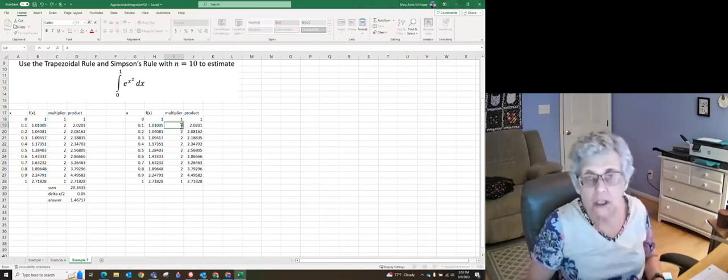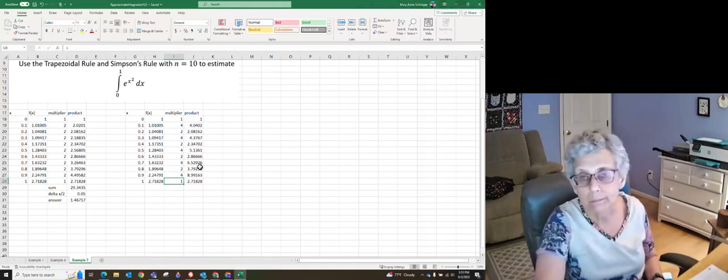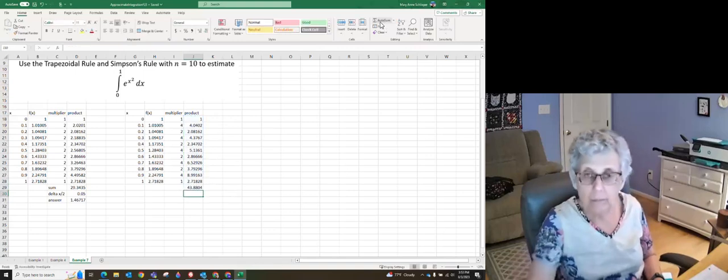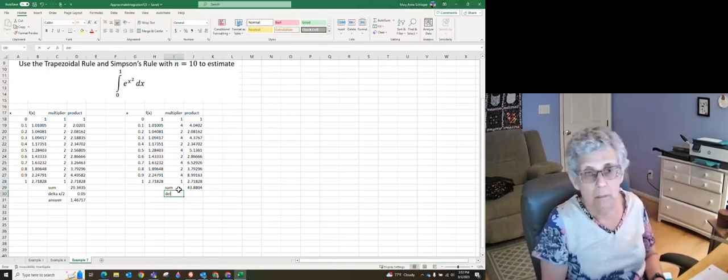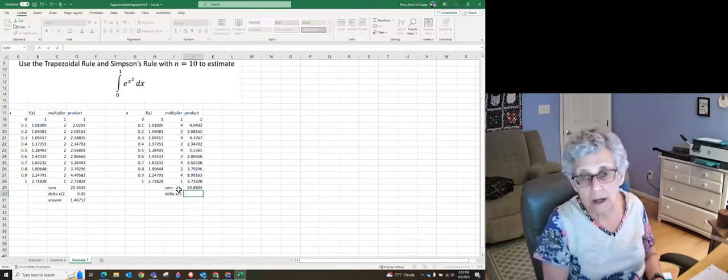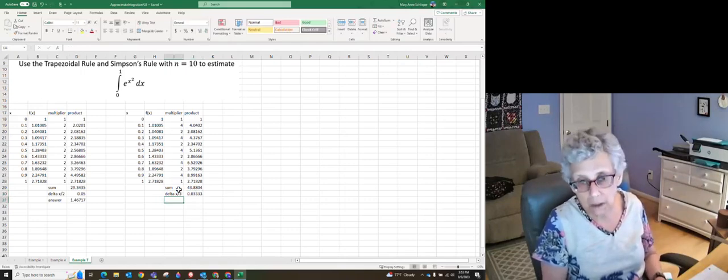But this needs to change to 4, 4, 4, 4, 4. Still need to add them up. So here's the sum, but I need delta x over 3, so that would be equal to 0.1 divided by 3.